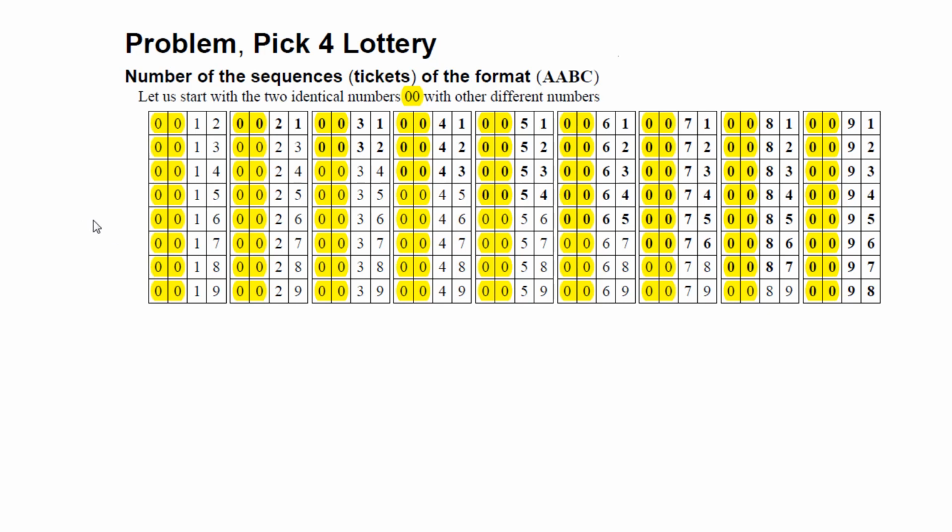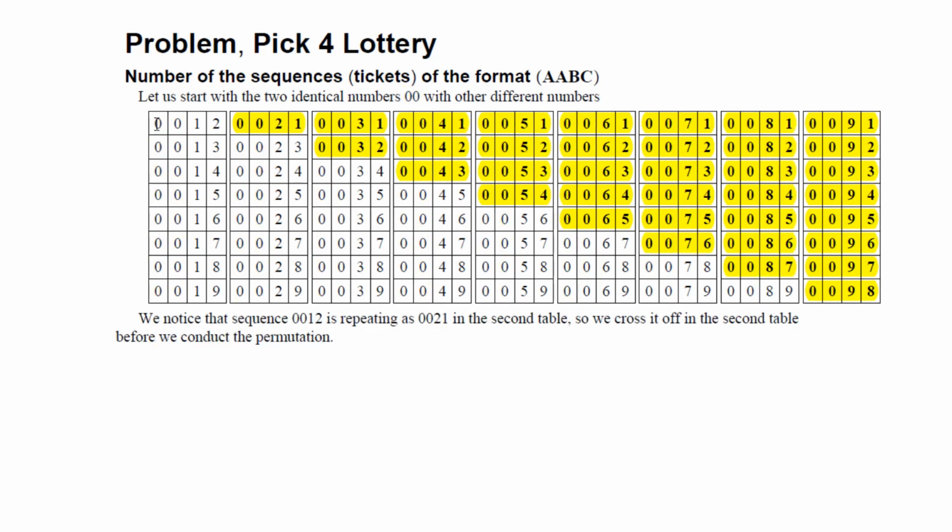But we have to notice something very important, that we have similar combinations. We have 0, 0, 1, 2 and 0, 0, 2, 1, and when we start to permute, let's say this ticket and this ticket, we are going to get mutual elements between them, so we are going to count the same element more than once.